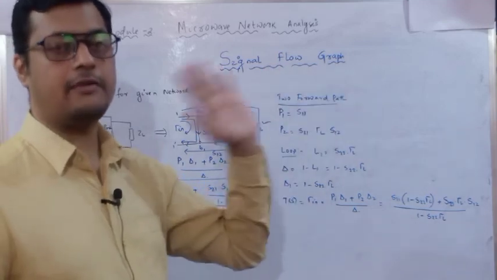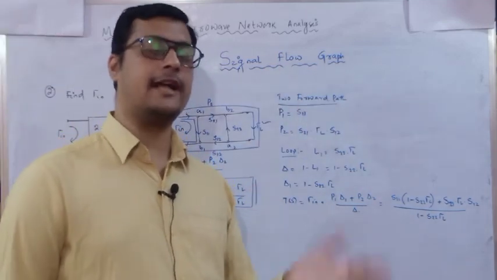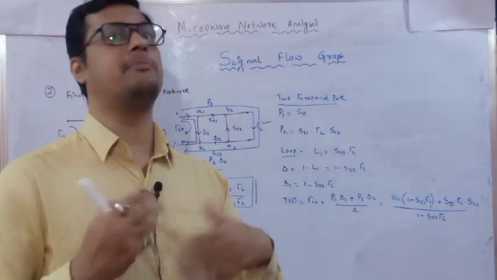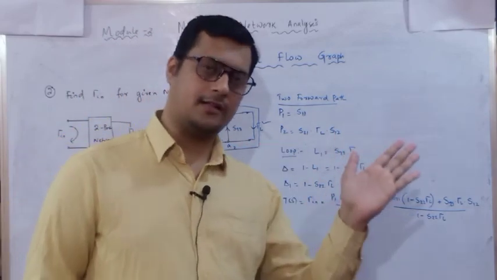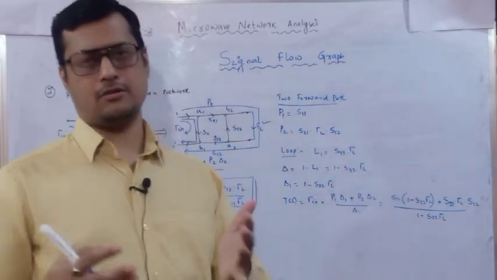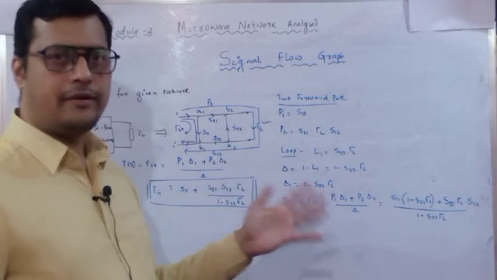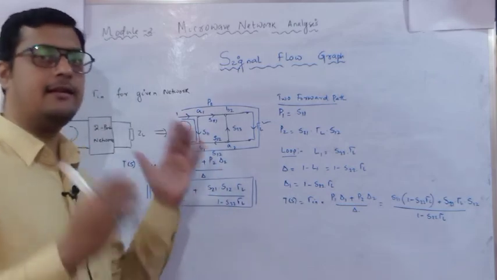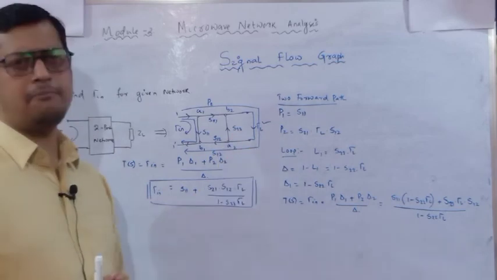Similarly, you can determine the output reflection coefficient as S22 plus some additional factor if it is mismatched. If it is matched, then the reflection coefficient at the load equals S22. This is the simple technique through which we can directly identify the relation rather than substituting n number of parameters here and there.